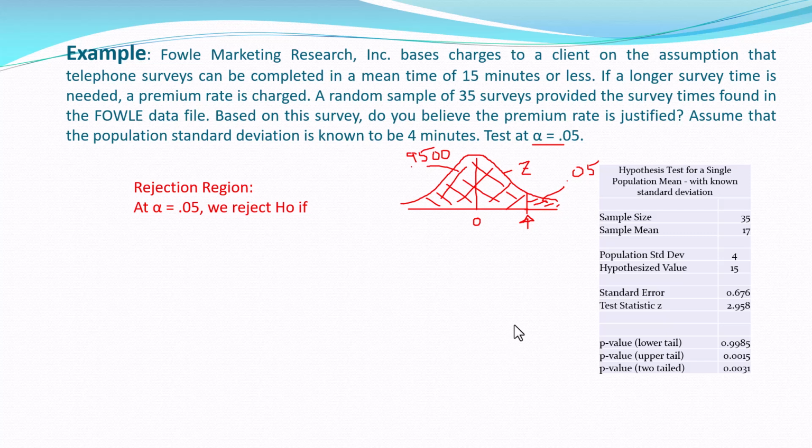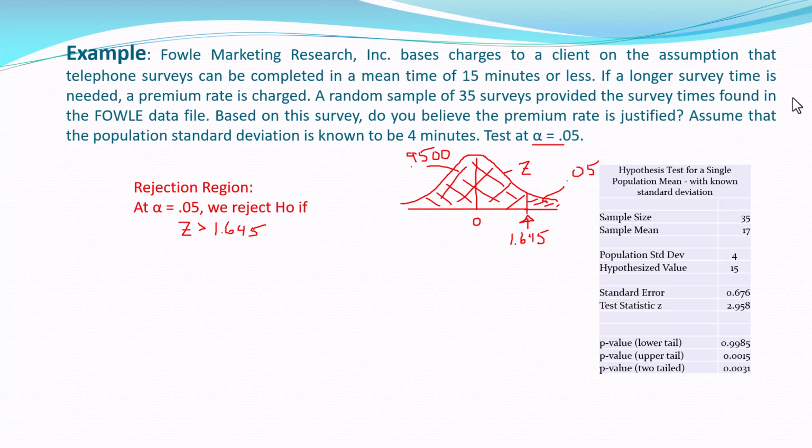I'm incorrect there: norm.inv. Put in a probability of 0.95, and then put in a value of the mean and the standard deviation, and it's going to tell me that this value here is 1.645. Regardless of which place you go to, if you go to the cumulative normal table, 0.95 is kind of in between 1.64 and 1.65, so you have to kind of figure it out. So we're going to reject if our test statistic is greater than 1.645.